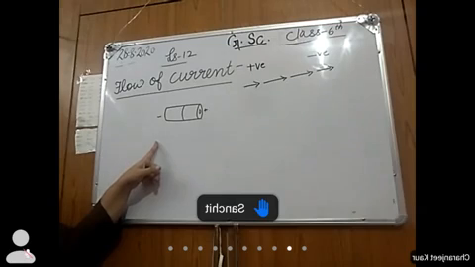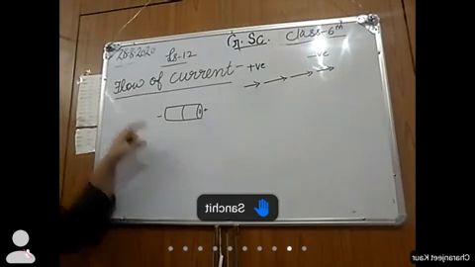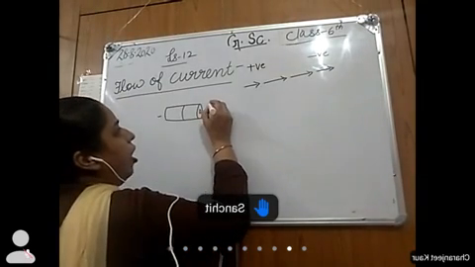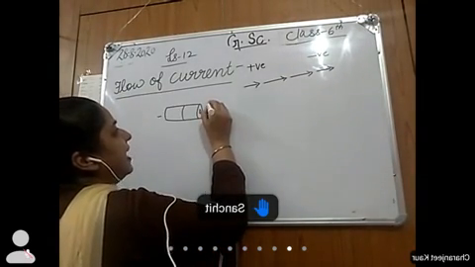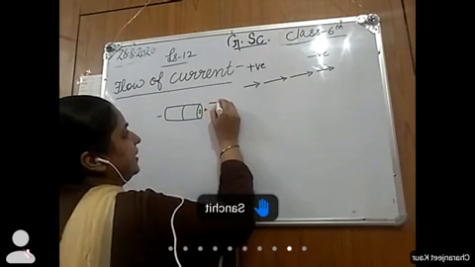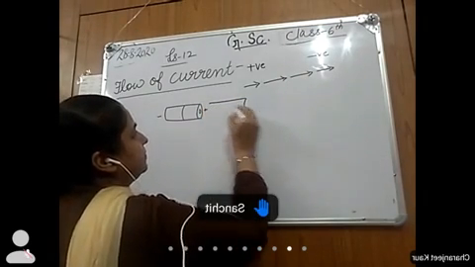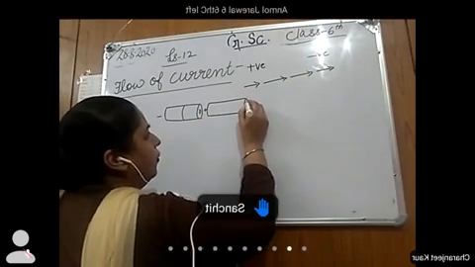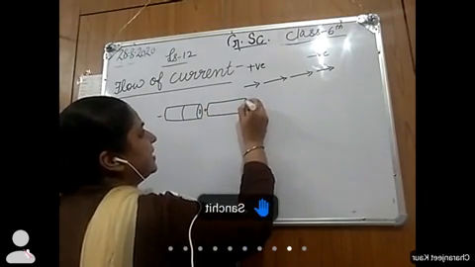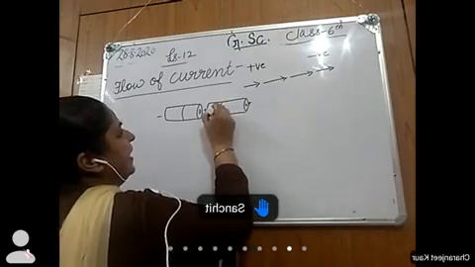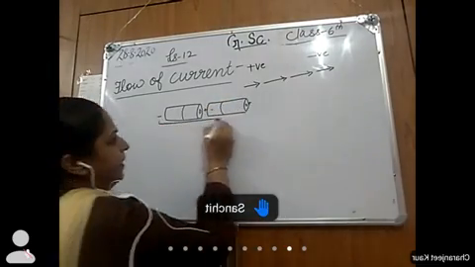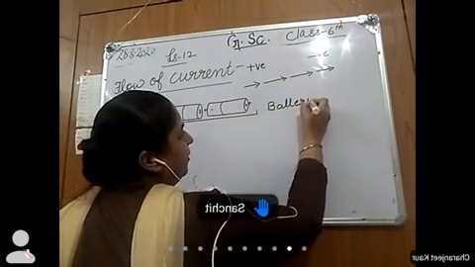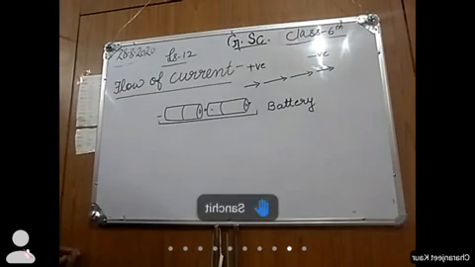Now, this is one cell. If two or more cells are joined end to end, they will become a battery. What do you call it? Battery.